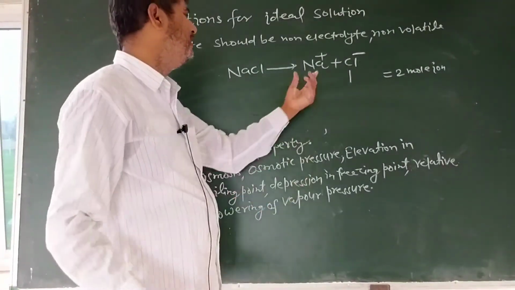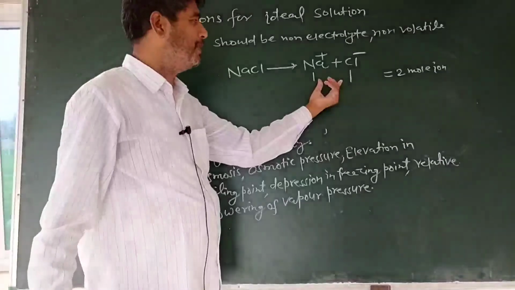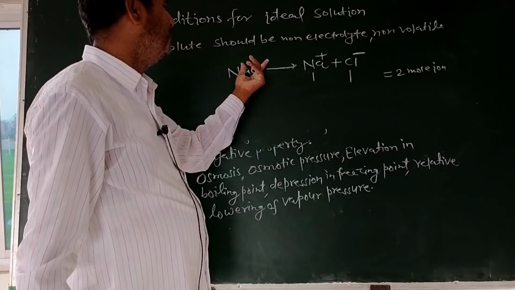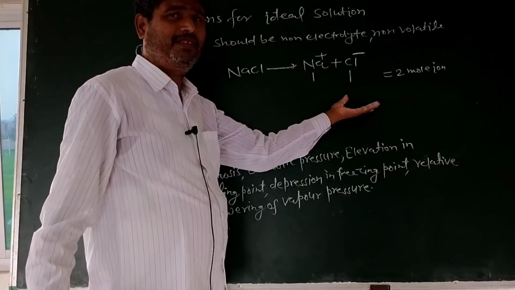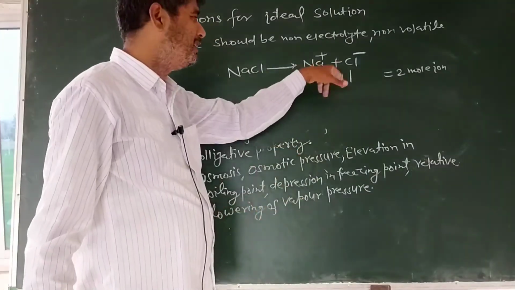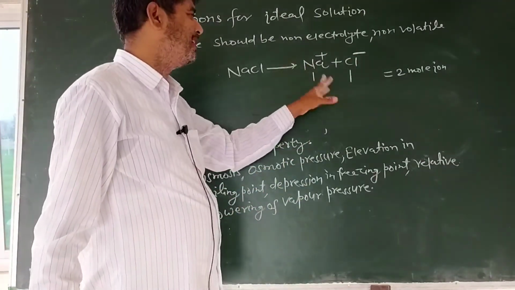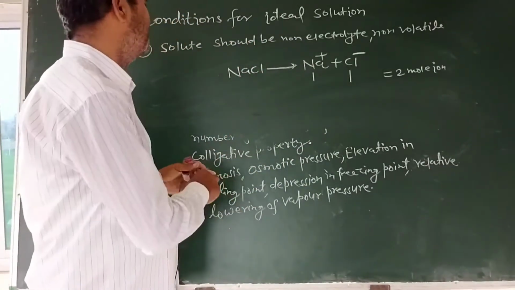In solution, each ion behaves as a perfect molecule. It means 1 mole NaCl will behave as 2 moles in solution. So it is avoided. It is not taken for the ideal solution.